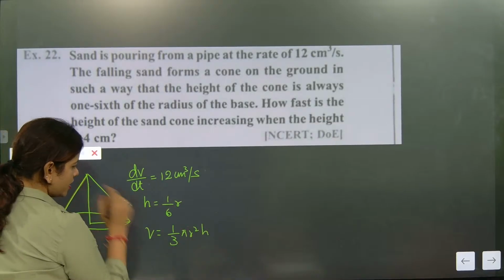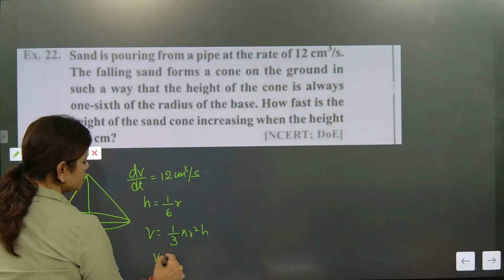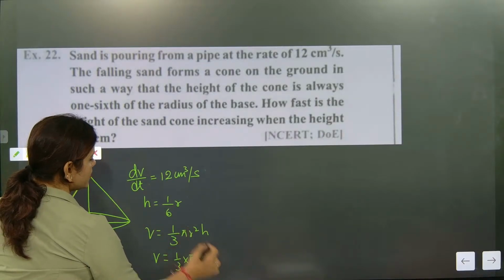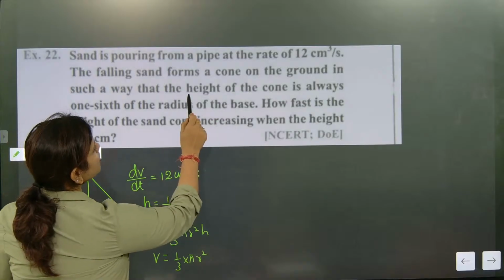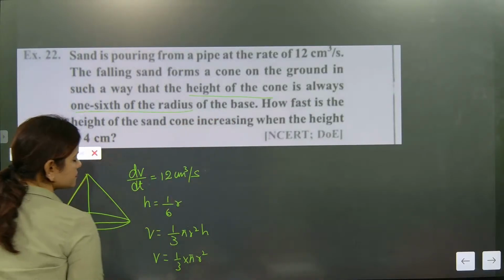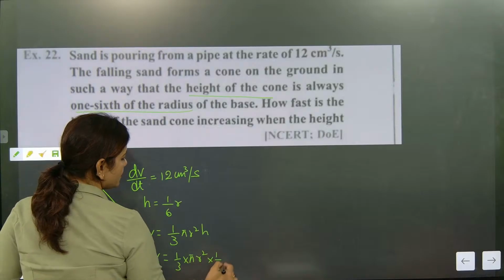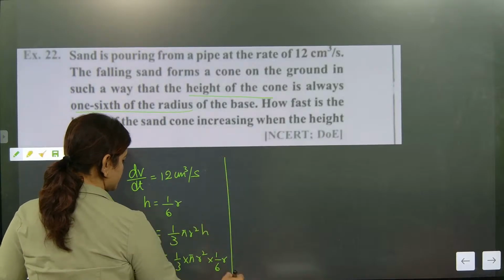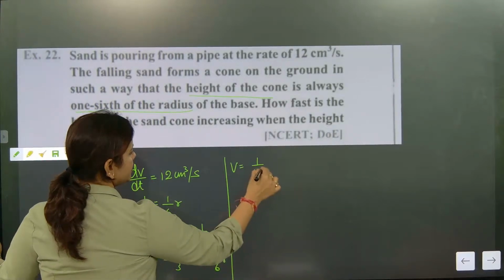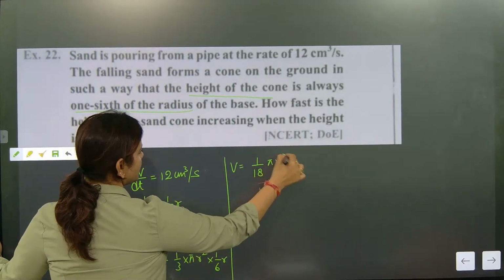Understood? So here volume is equal to 1 by 3 pi r square. They're telling height of the cone is always 1/6 of the radius. 1 by 6 into 3 is 18, pi r cube.